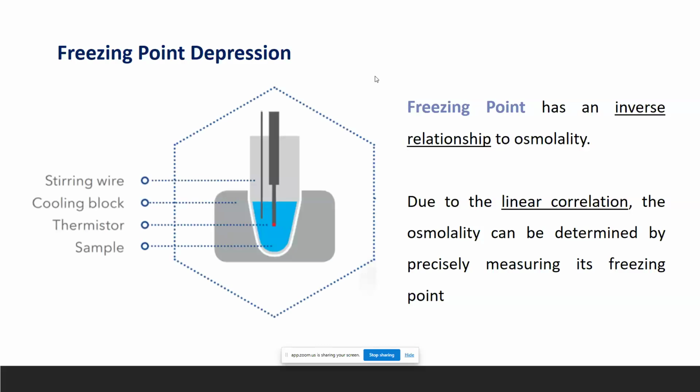The components of the freezing point depression osmometer include a thermostatically controlled cooling bath, or a block, that's maintained at about -7 degrees; a stirring wire, which is a rapid stir mechanism to initiate the freezing of the sample; and a thermistor probe connected to a circuit to measure the temperature of the sample.